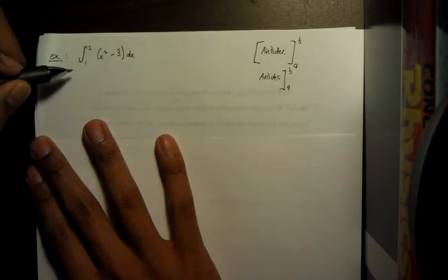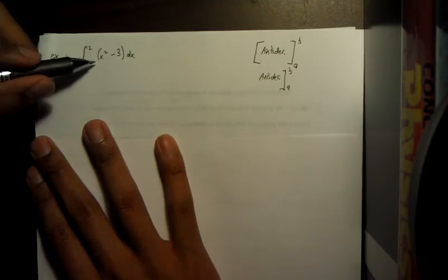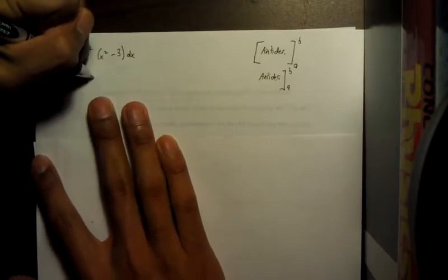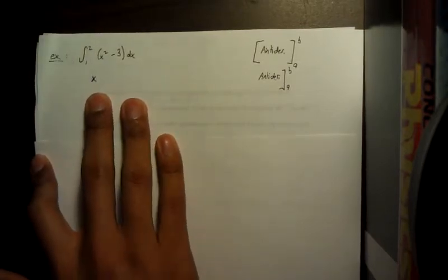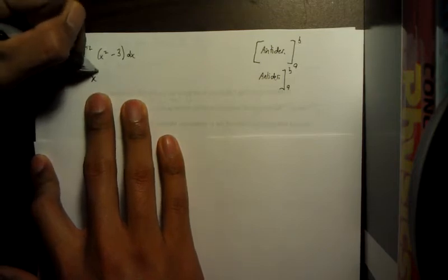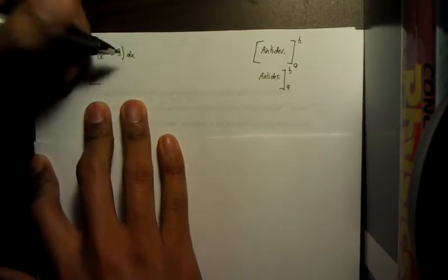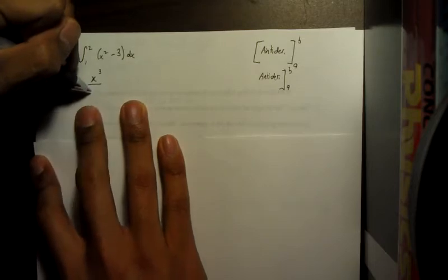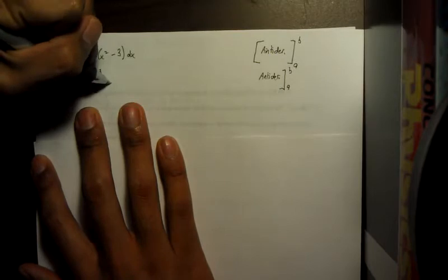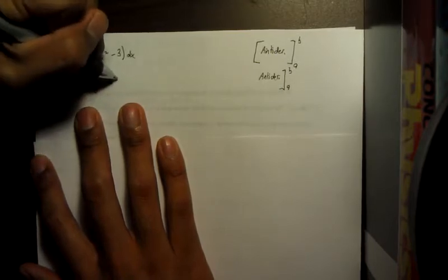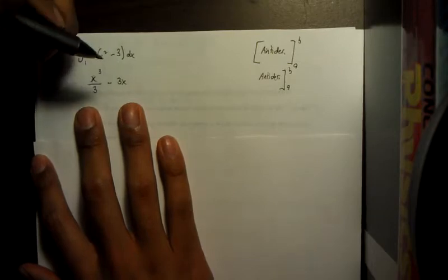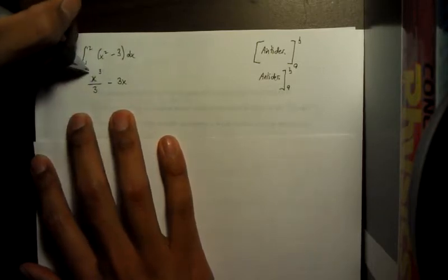So first thing you want to do is just find the antiderivative of your function. If you can recall from 4.1, you're going to raise your exponent by 1 on the variable, divide by the new exponent, and then for the 3 it's just going to be 3x to the first, so 3x divided by 1 is just 3x.